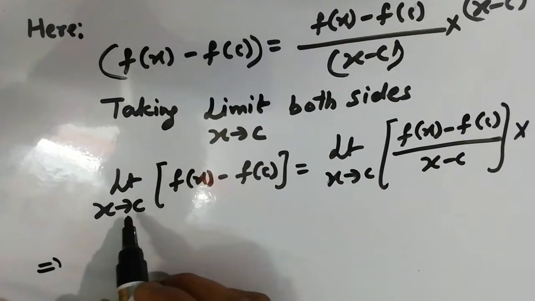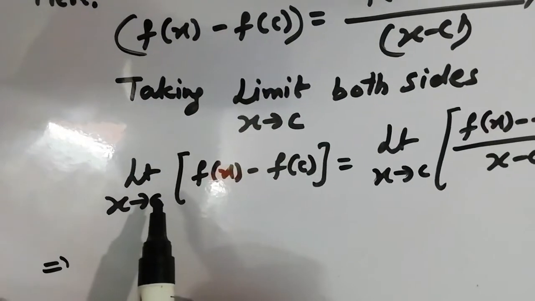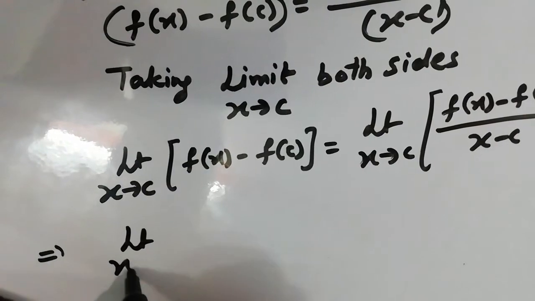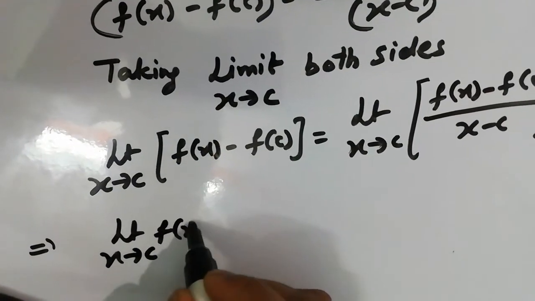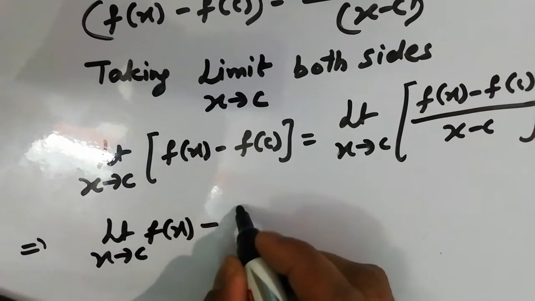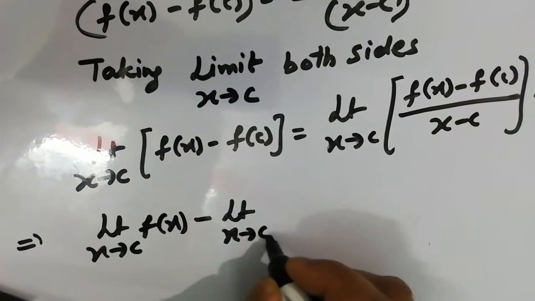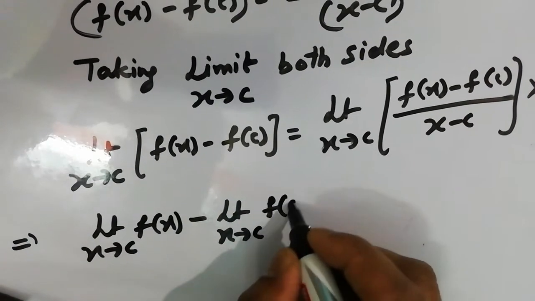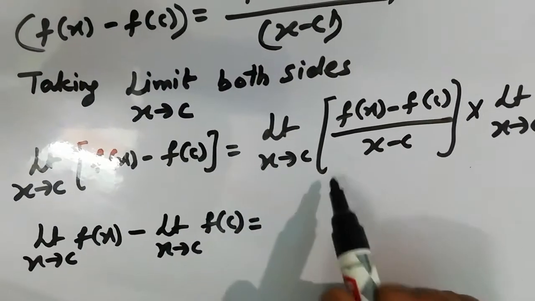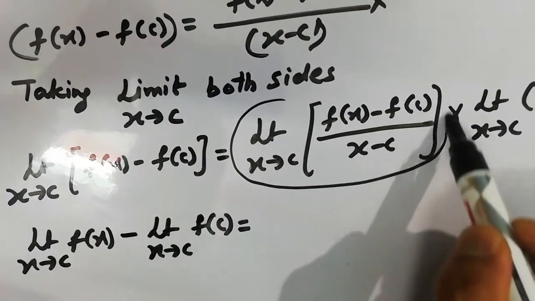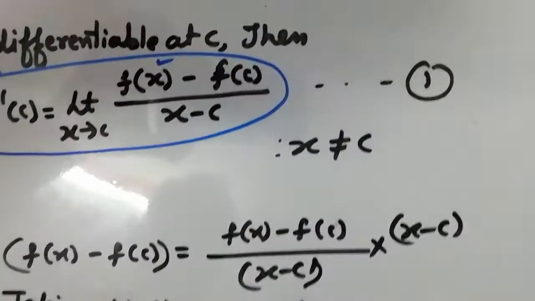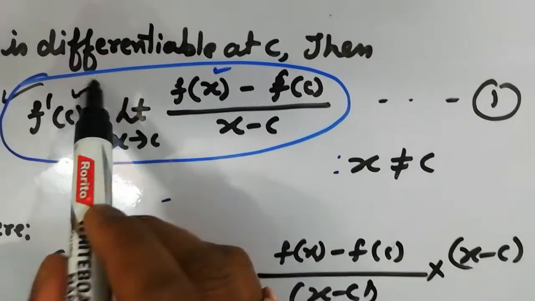Now by using algebra of limits, limit as x approaches c of f of x minus limit as x approaches c of f of c is equal to, now see, this is equal to f dash c from 1.